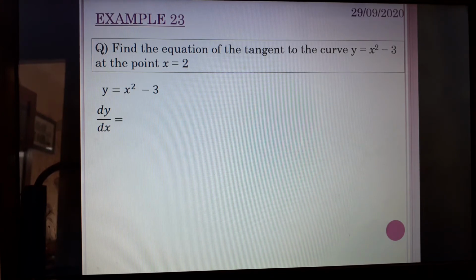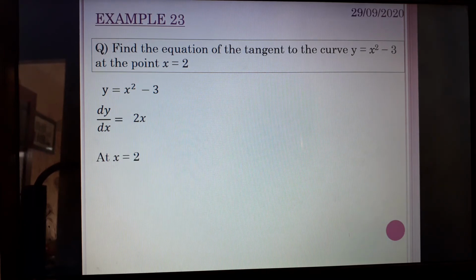Okay, the other thing we're going to do is we're going to start here by finding the gradient. So we need to know the full coordinate and we need to know the gradient. Now remember, the gradient of the tangent, dy by dx, or if it's f of x that is given, it would be f dashed of x. So the first thing we're going to start with here is what dy by dx is. Dy by dx equals 2x, and the minus 3 disappears.